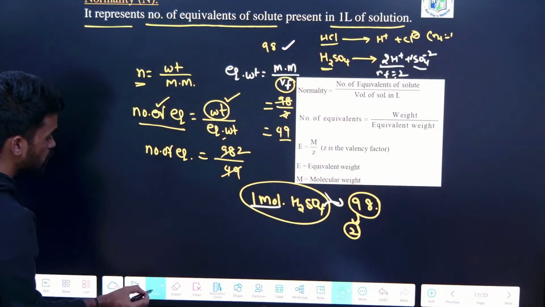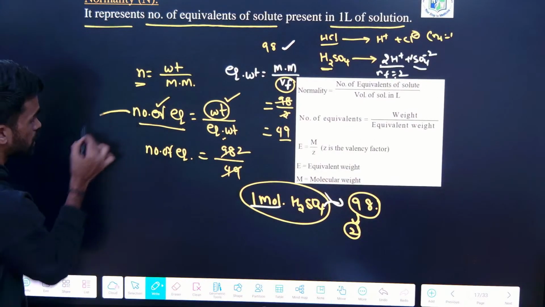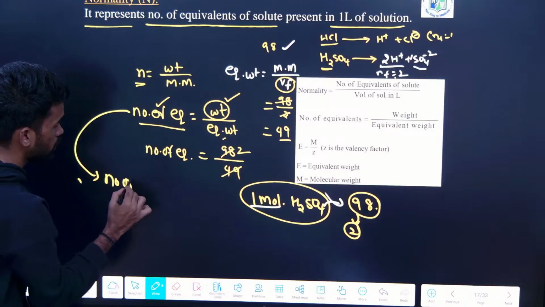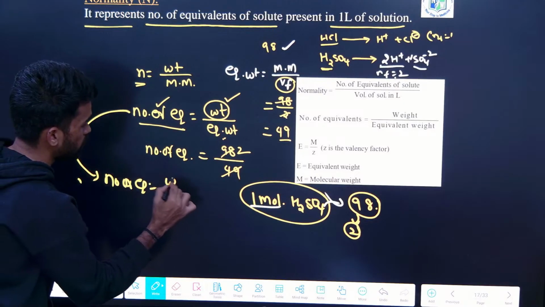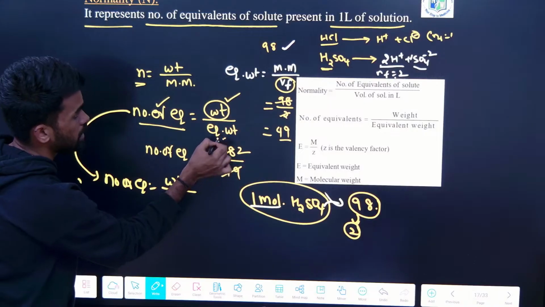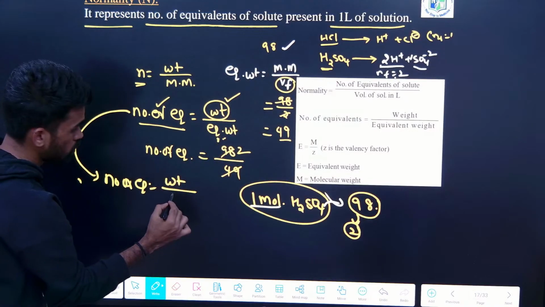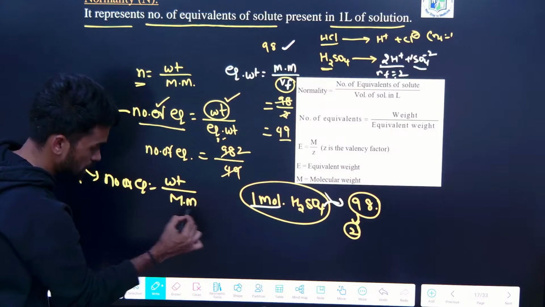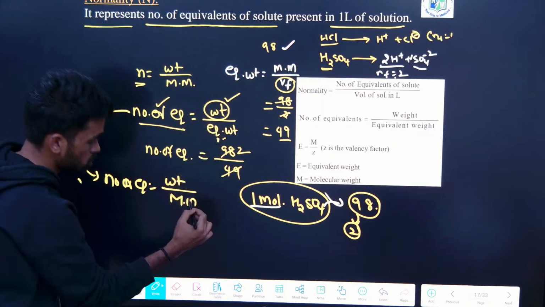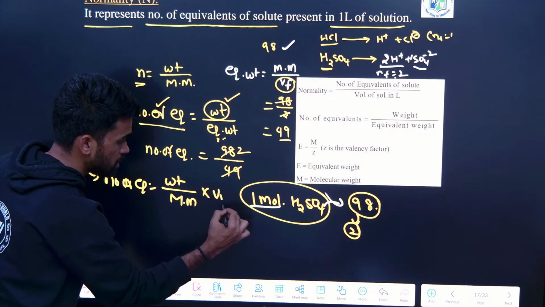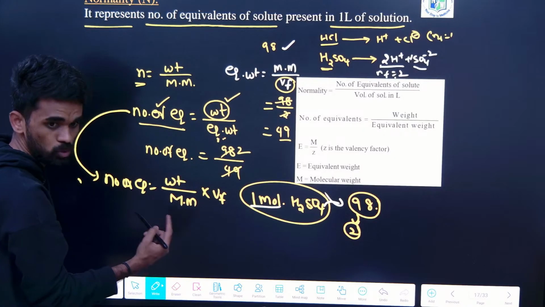So what is the formula for the number of equivalents? Number of equivalents means you are taking weight by equivalent weight. Again, equivalent weight means, as I told you, molar mass divided by valency factor or N factor, both are the same.